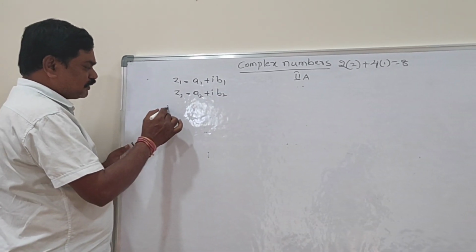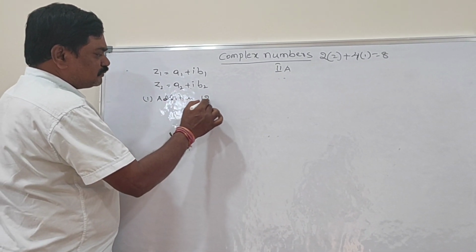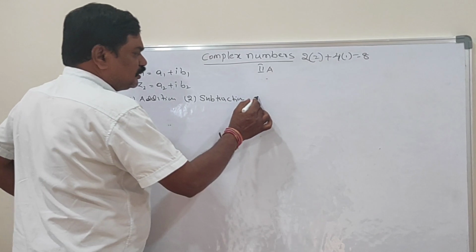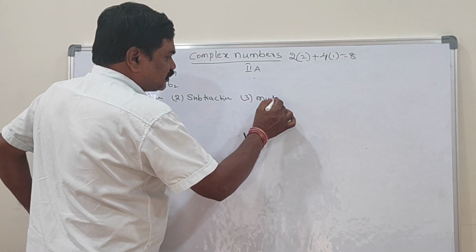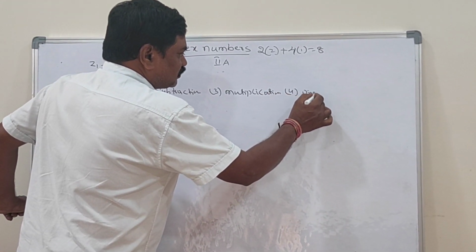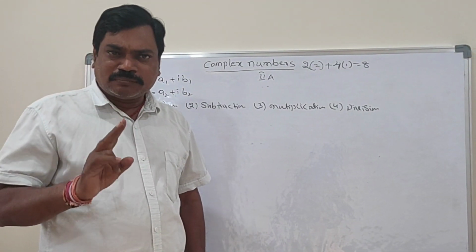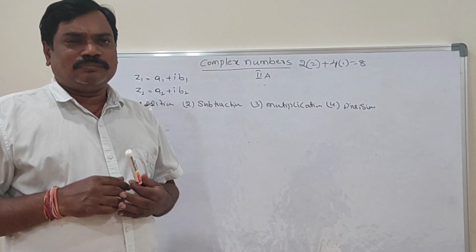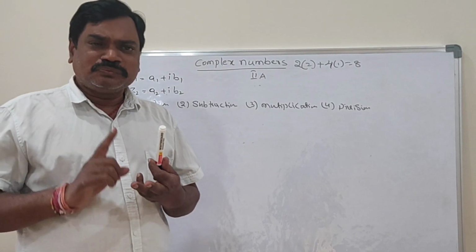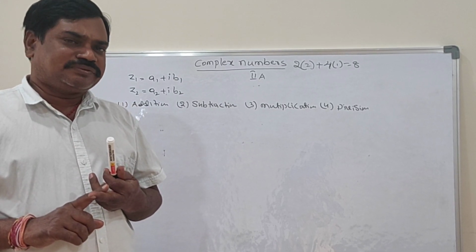We use first addition, second subtraction, third multiplication, and fourth division. Here we discuss how to add, subtract, multiply, and divide two complex numbers.